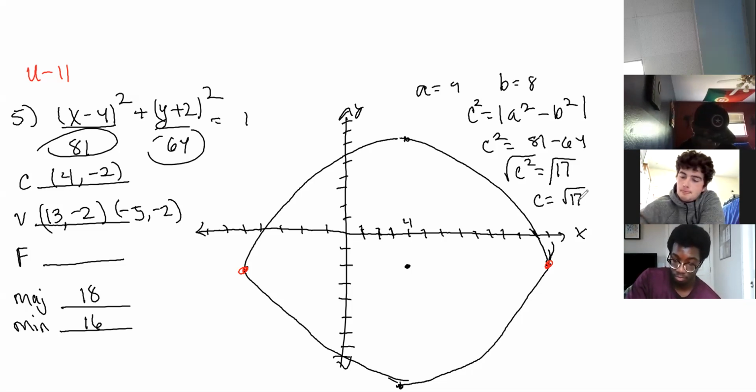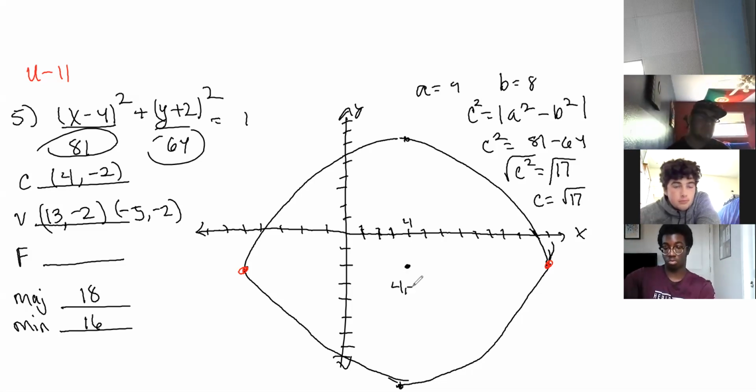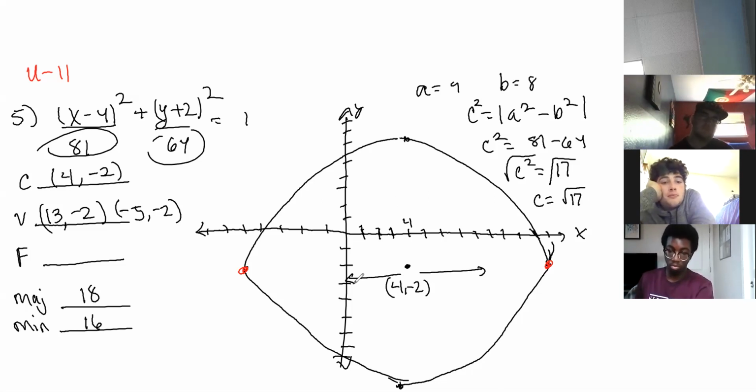So I'm going to move right and left root 17 from the center. The center is 4, -2. When I move right and left from the center, what value is changing, the x or the y? The x. And what is it changing by? Root 17.